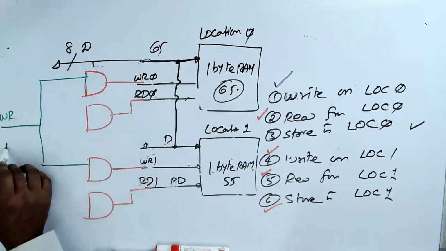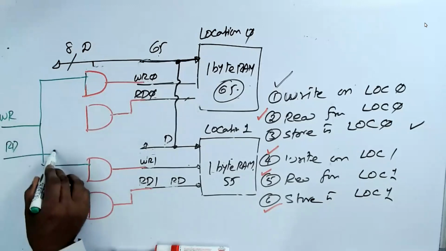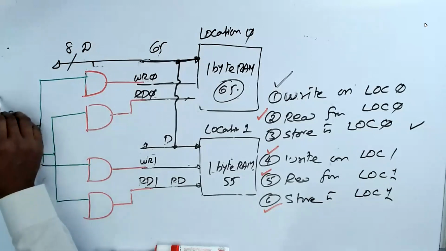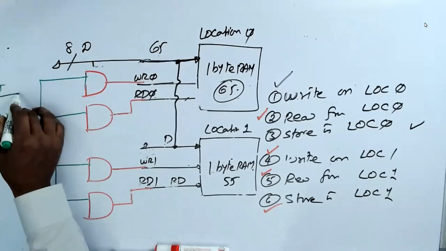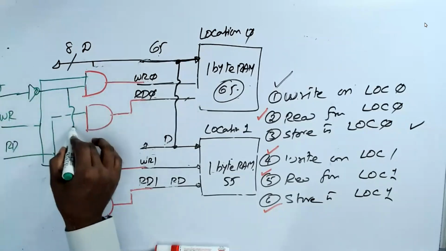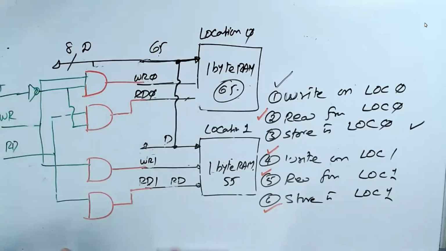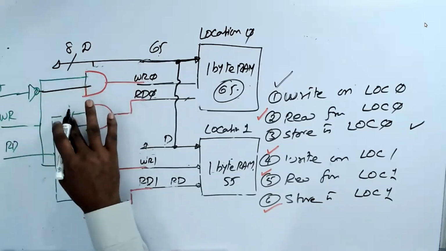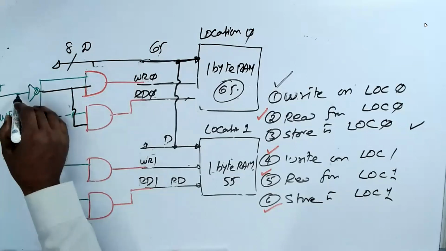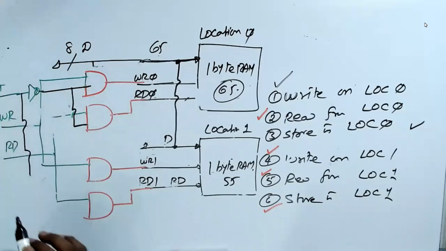I use read signal, which is connected here and which is connected here. Okay, now I have one more signal called A. The A, I invert it and connect it here. And same A without inversion, I connect it here.